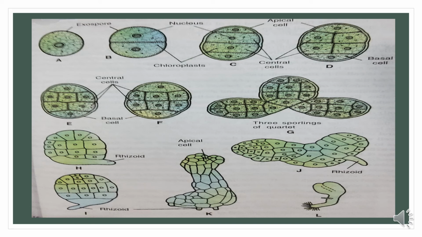While still inside the capsule, we see that it undergoes transverse division at first, and then further division. This one is a single sporeling, and this is another sporeling.